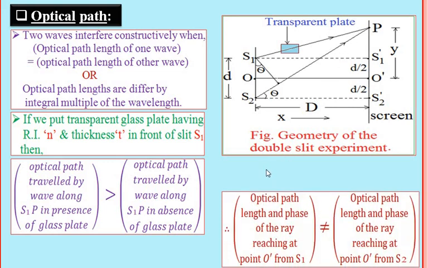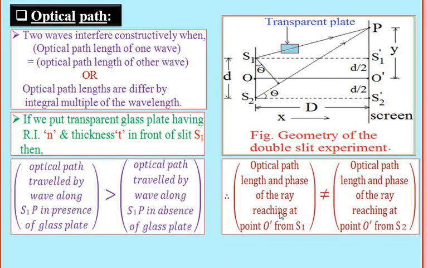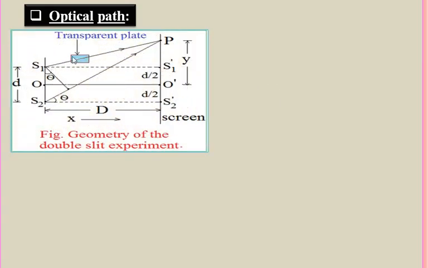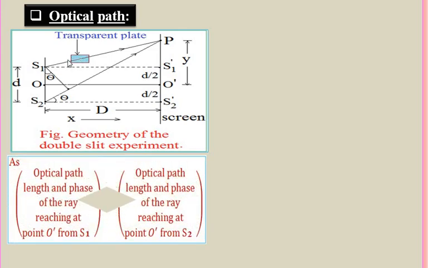The optical path length and the phase of a ray reaching point O' from S1 is not equal to the optical path length and phase of a ray reaching point O' from S2. Means these two are not equal, because we have put some disturbance in the path of the ray from S1.